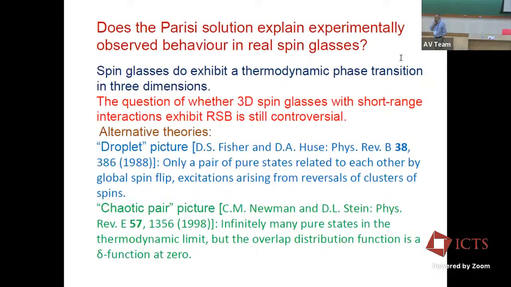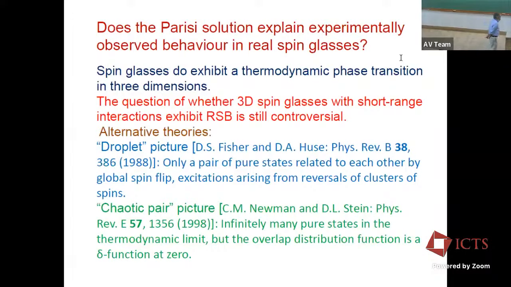So they are saying that this business of having not an exponential, but a very large number of nearly equivalent solutions of the TAP equations, etc., doesn't apply to short-range models. In short-range models, the phase space is actually quite simple.